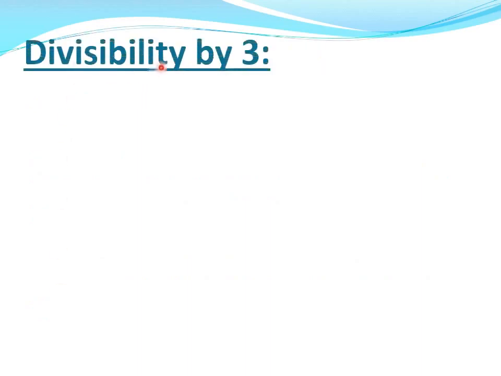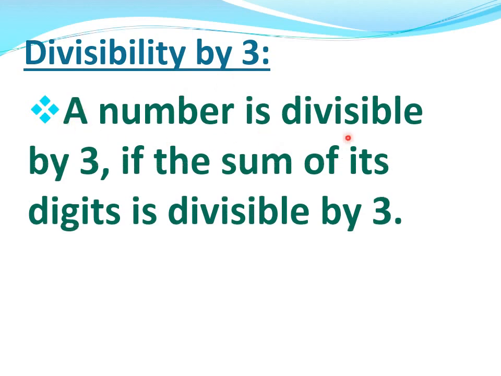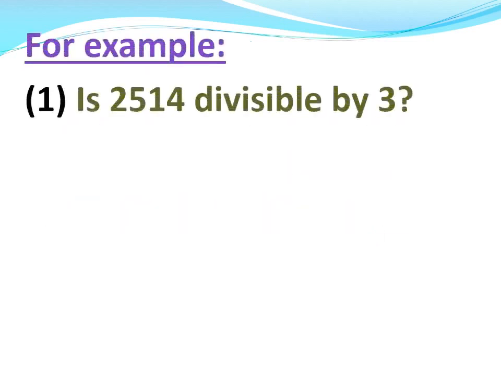Now divisibility by 3. A number is divisible by 3 if the sum of its digits is divisible by 3. For example, question number 1: is 2514 divisible by 3?